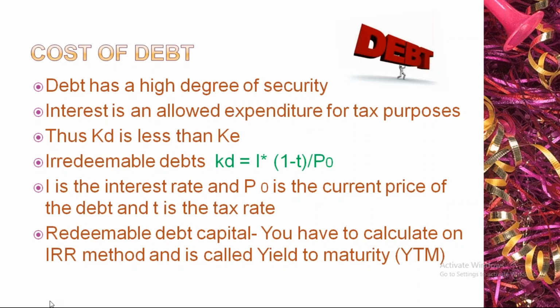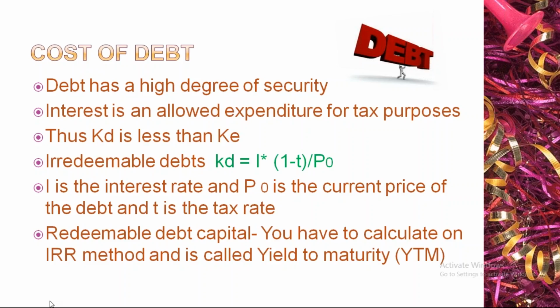That means the issue price and the redemption price are the same. For example, bank loans. When you take 100,000, you settle 100,000. For that kind of debt, the cost of debt is interest times (1 minus T) as a percentage, because your market price is not going to change.